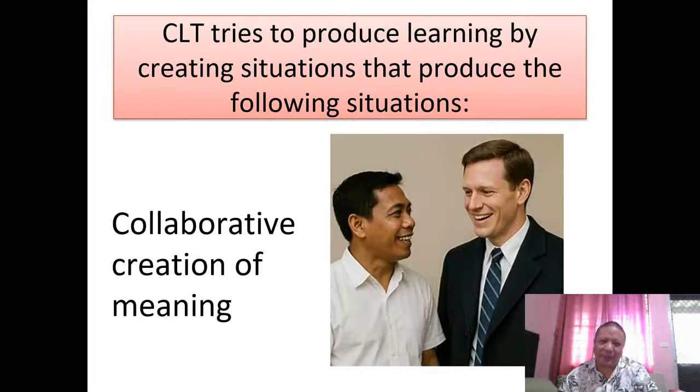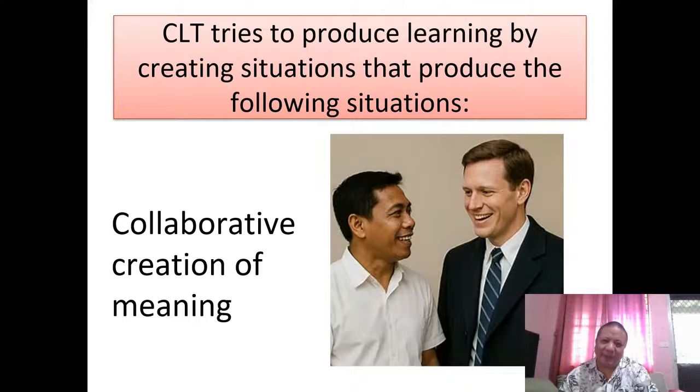So the script can involve anything in audiolingualism, but it's not meaningful because it's not realistic. But in CLT, the idea is the interaction, the conversation should be meaningful for all participants.